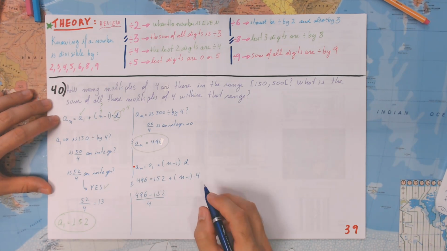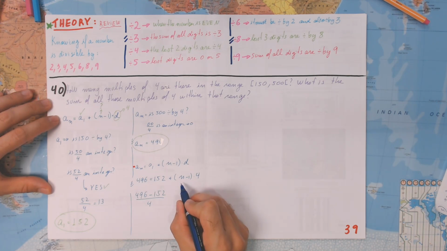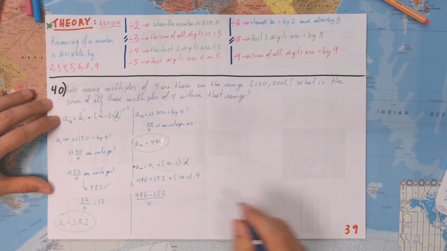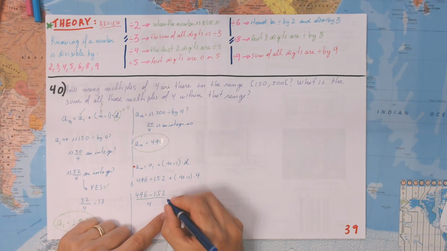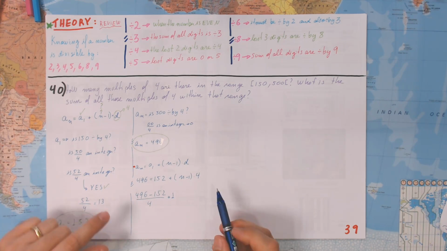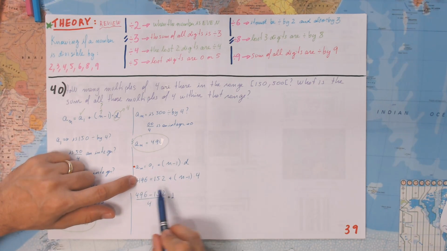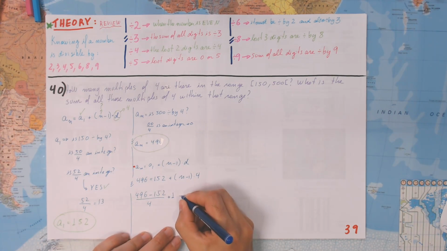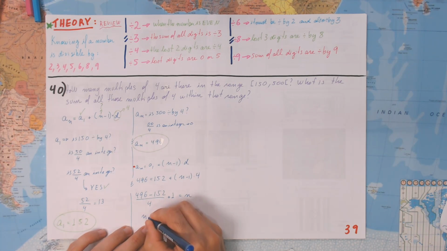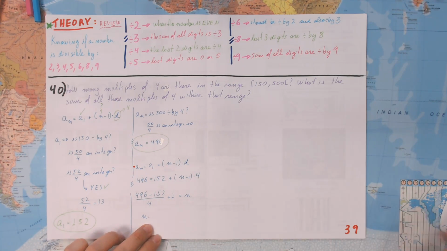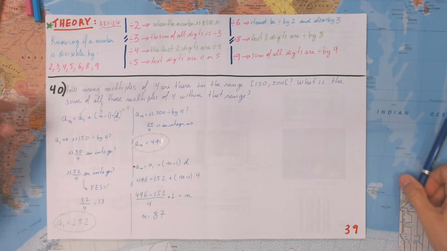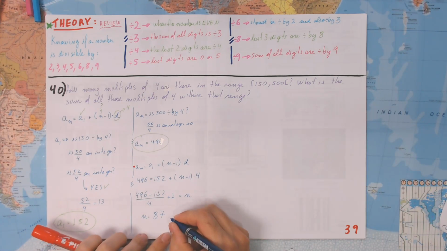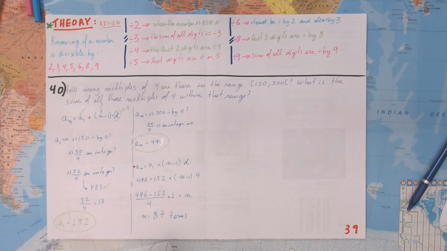Yes, it's plus 1, because we put this one in here, divide by 4, and this minus 1 is going to be alone in here. And this is just n. So n is going to be 87, if I'm not mistaken. Okay, so we have 87 terms. This is the first question.